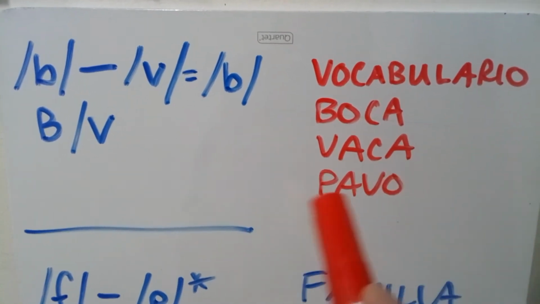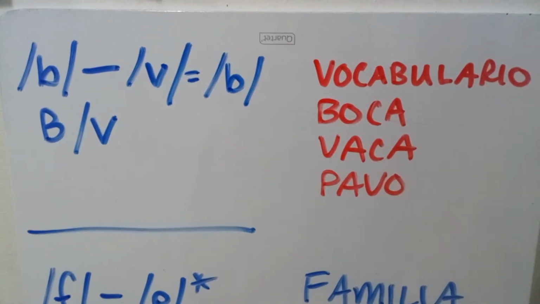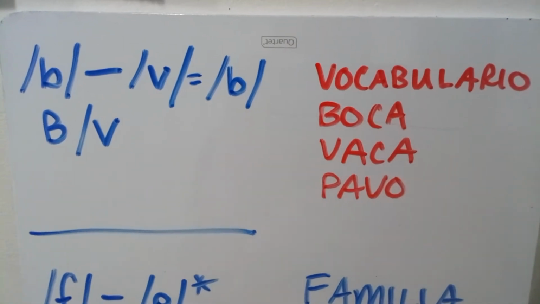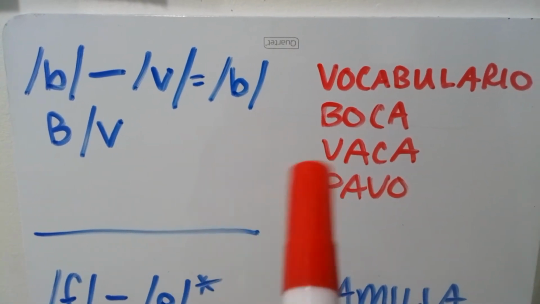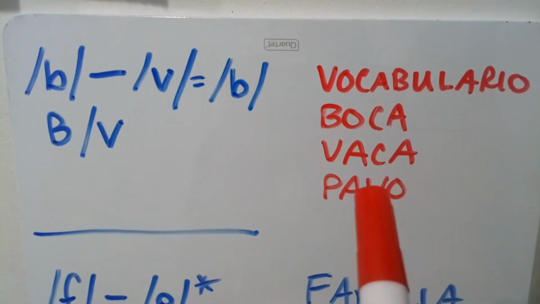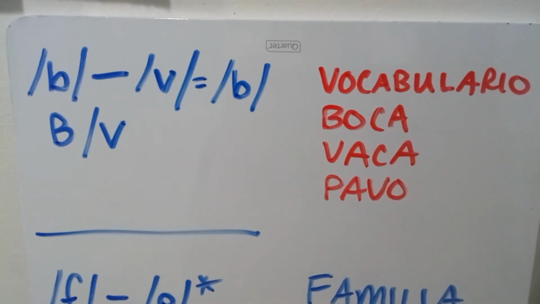It's a smaller, slighter, softer b sound. But again, in Philippine Spanish, in the Filipino dialect, this is all the same. So you pronounce it all the same, and the v doesn't exist. You will never hear v. You'll never hear that.